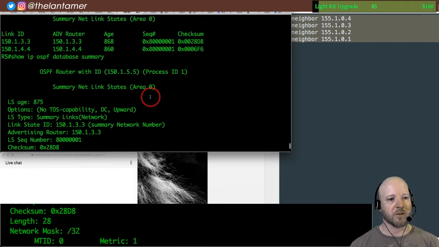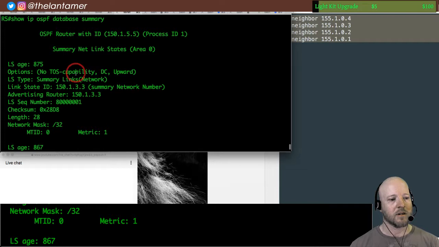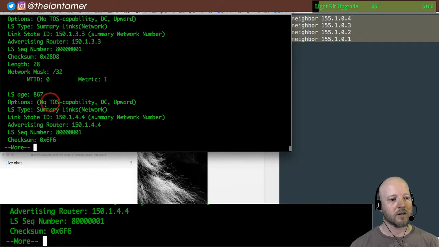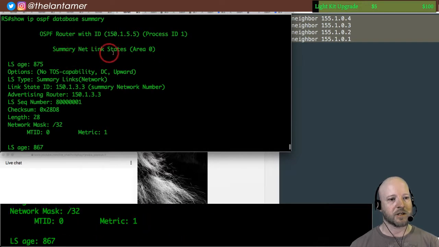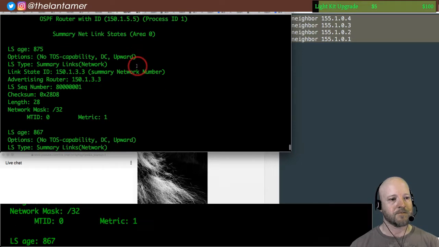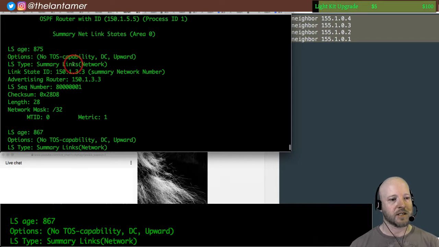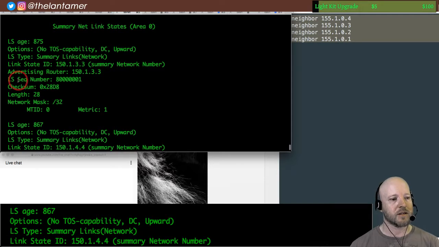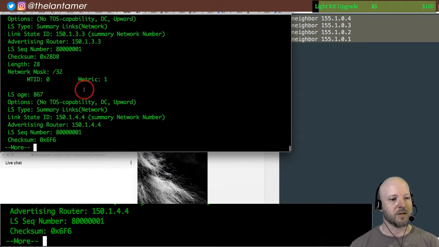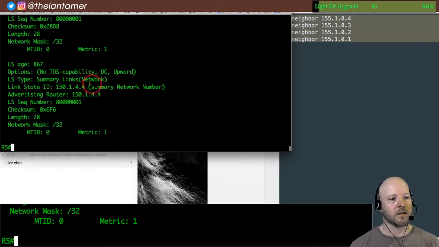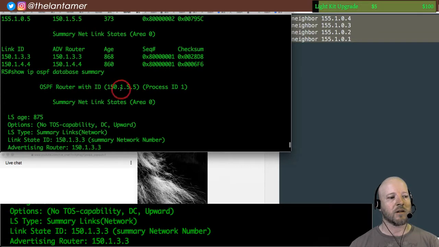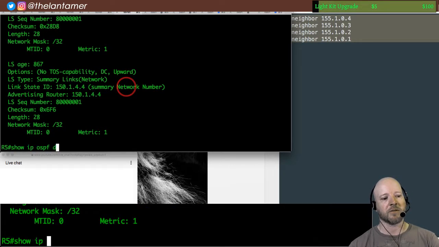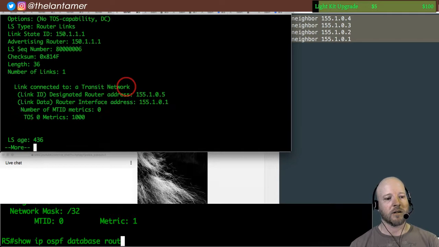And I did not use this before, but link state age, area 0, summary net link states, link state type, summary links, link state ID 15133, advertising router 15133. Network mask 32, metric 1, 4.4. Okay.